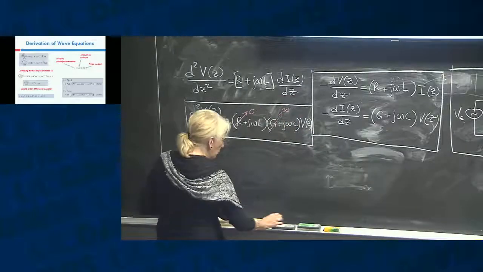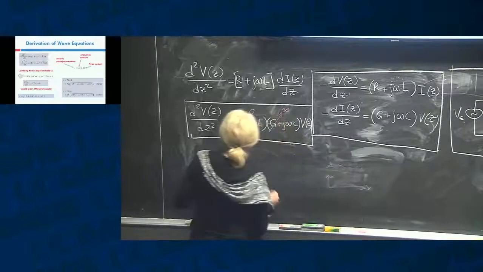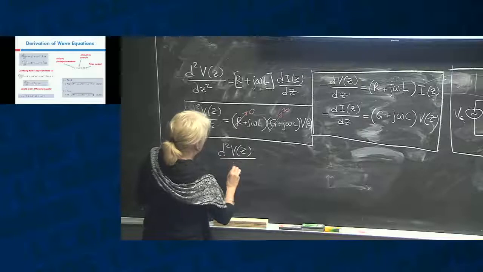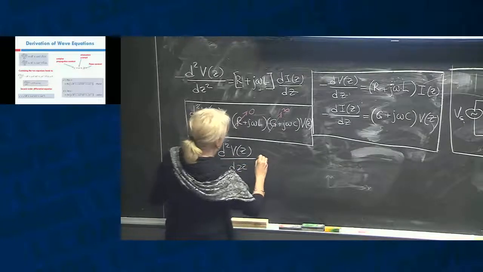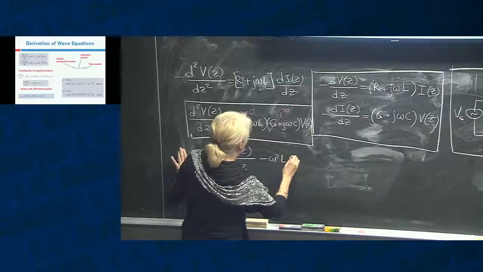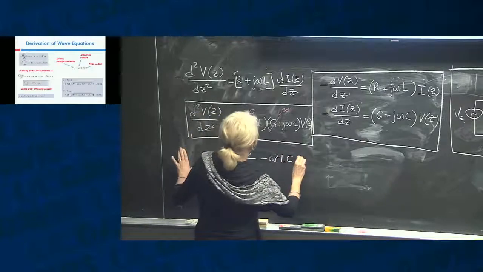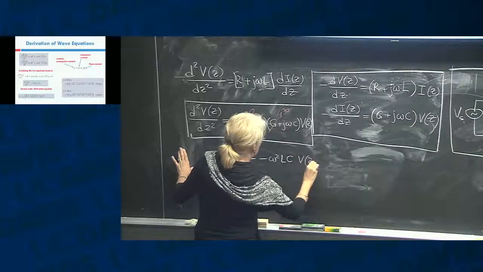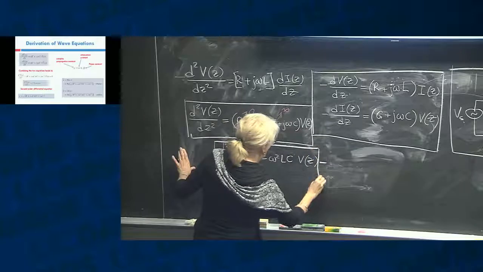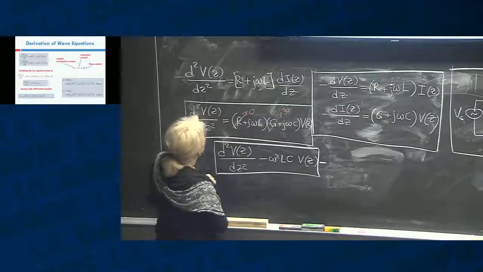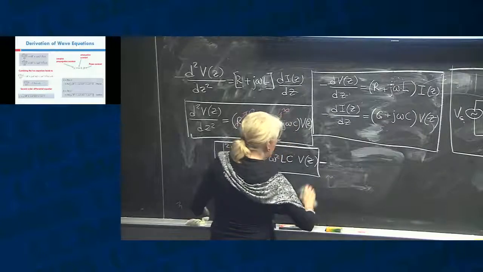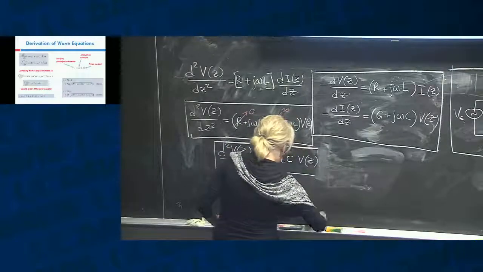So what happens to this one now, exactly as your colleague said, is going to be d squared V of z over dz squared minus omega squared LC V of z, in fact plus on this other side, excuse me, we need to bring it to the other side, equals 0.